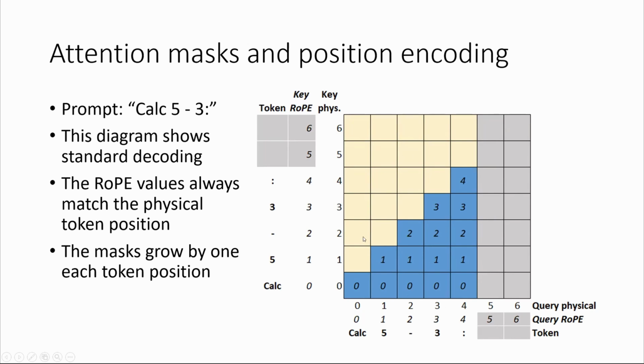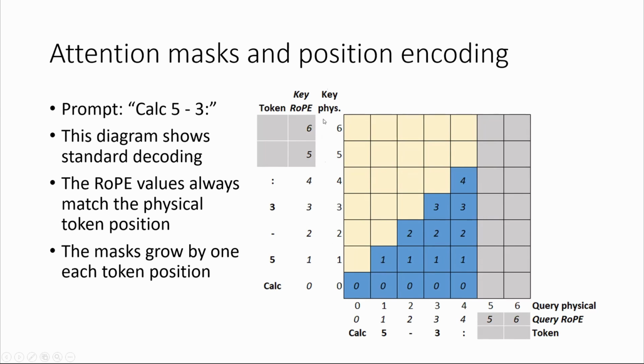Okay, this above here is the mask that we would use for the first inference pass on this. What we would do is say that the 0th token can only see itself. The first token can see the first and the zeroth. It can see these two.